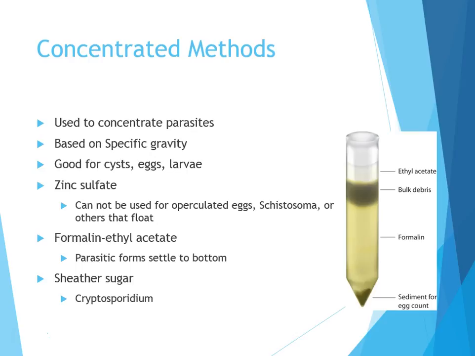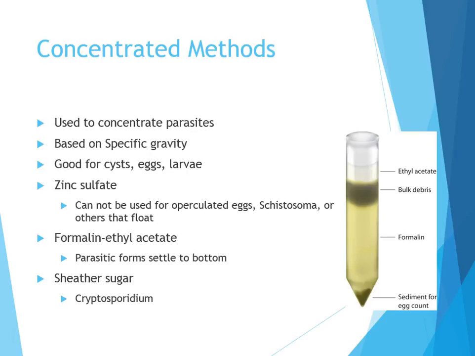They're good for cysts, eggs, and larvae, and the types are the zinc sulfate, formalin ethyl acetate, and the Sheather sugar flotation. The zinc sulfate is not good for operculated eggs, and you'll find out what that is in just a little while, or Schistosoma eggs.